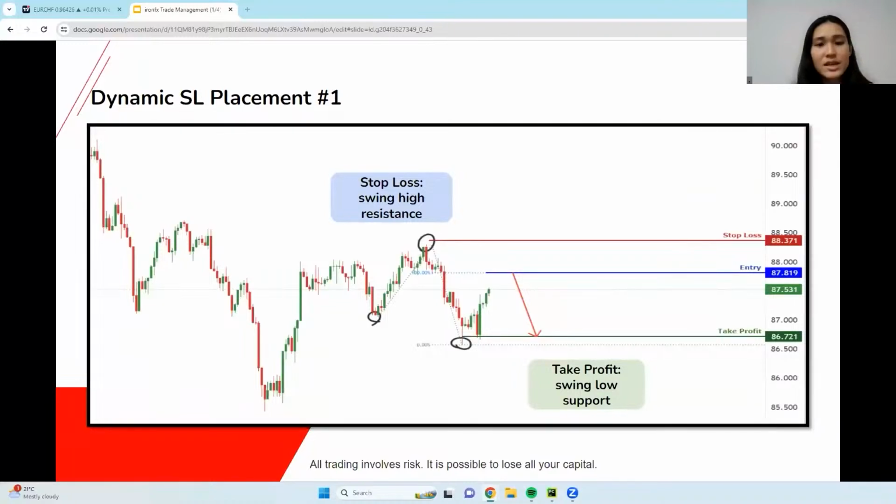Here's a simple example to demonstrate dynamic stop loss. Price has bounced off nicely off of this support level of 86.721 as we see here. We're expecting it to reverse off of our entry here, 87.819, in line with this 100% Fibonacci projection level.